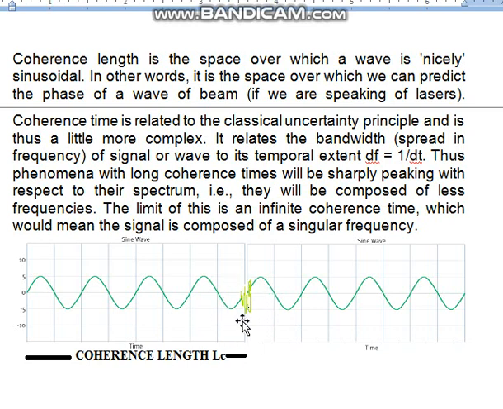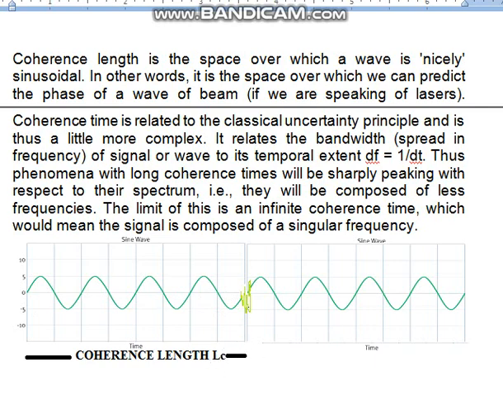Coherence length is the length of the wave in which it maintains its purity. So this length is the coherence length, and the corresponding time is known as the coherence time.